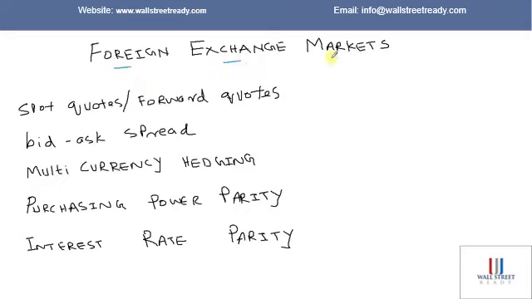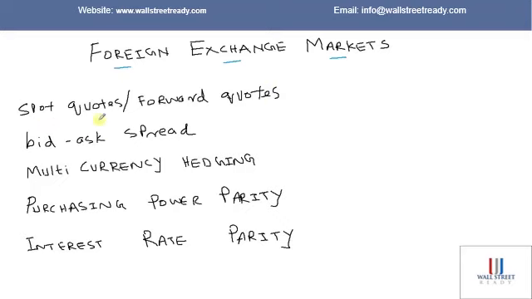It's very practical. It's very difficult for you to avoid foreign exchange in any department in a financial institution, whether you are working in front office, market risk, product control, or middle office. You'll come across foreign exchange.